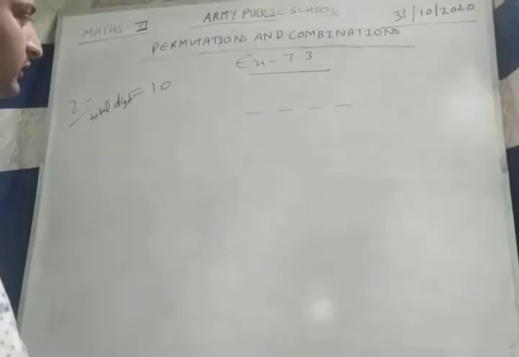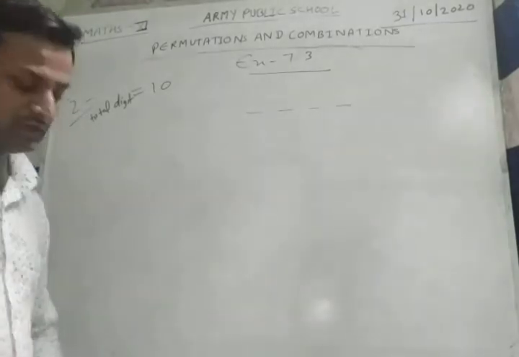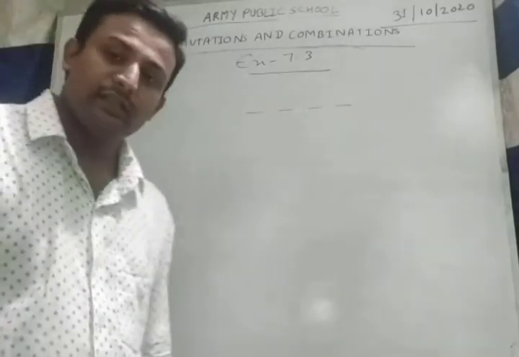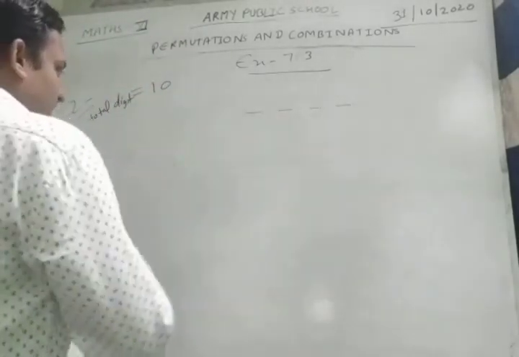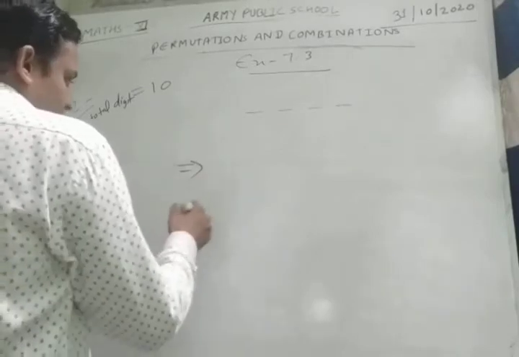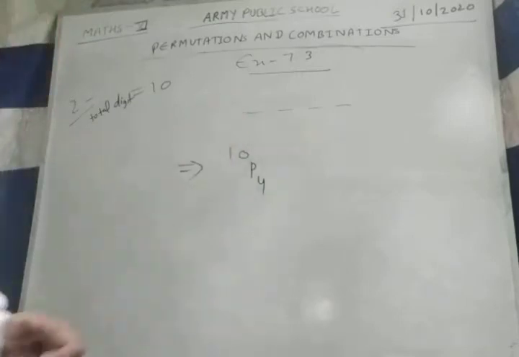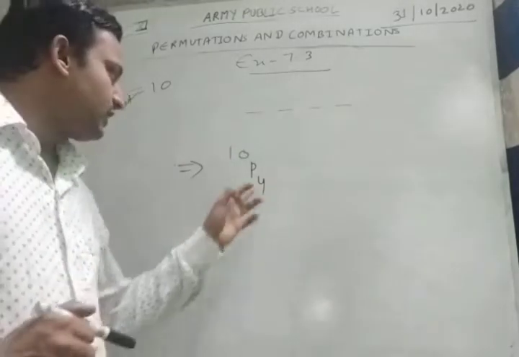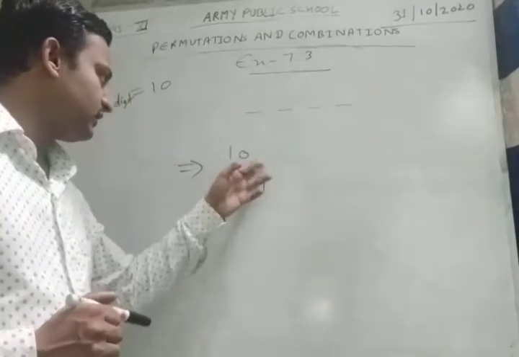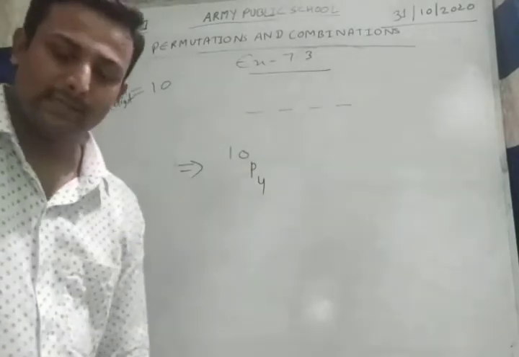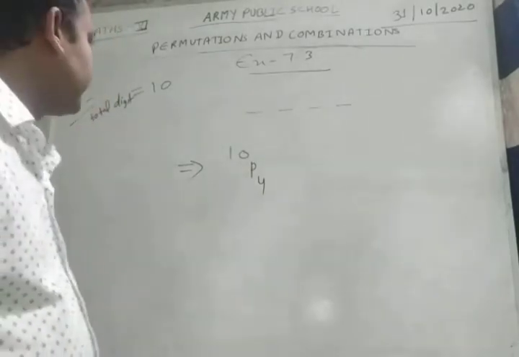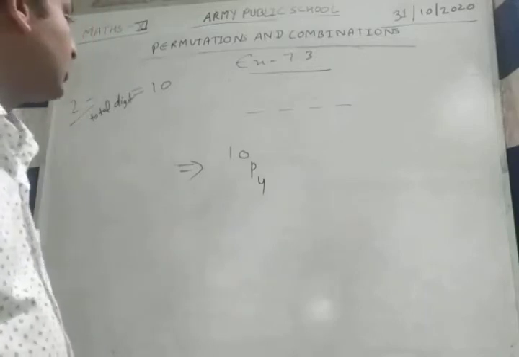So first, if we are taking 4-digit numbers from 10 digits, then the number of permutations will be 10P4.